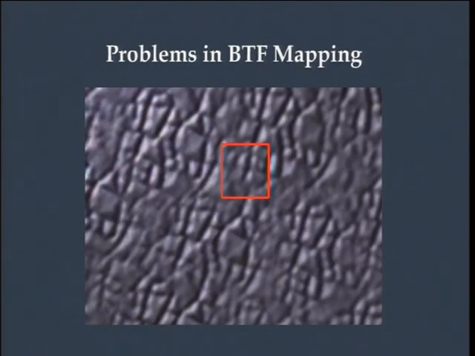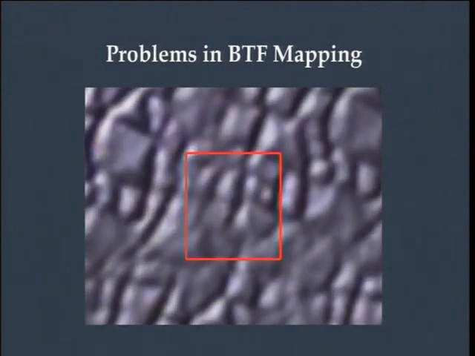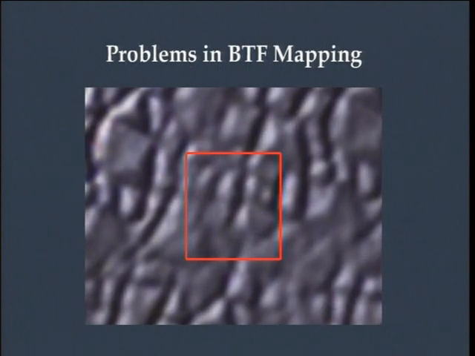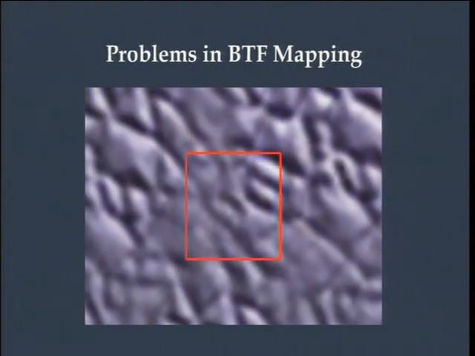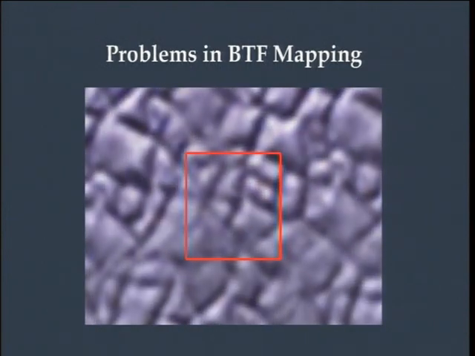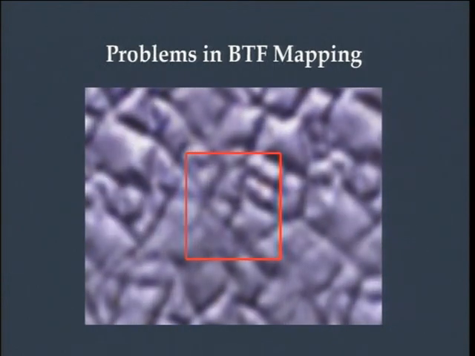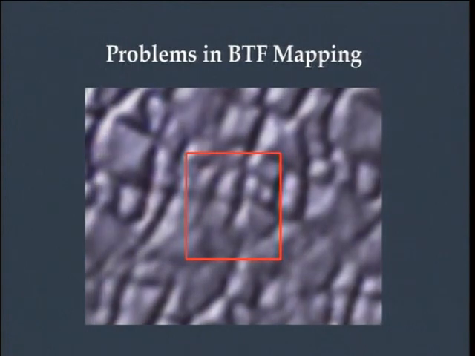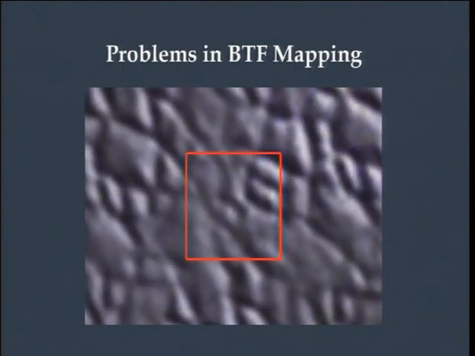A possible way to generate a BTF on the surface is to paste a collection of overlapping BTF patches onto the surface and blend the BTFs in the overlapping regions to hide seams. However, as shown inside the red box, this technique does not work because BTF blending can introduce inconsistent geometry structures on the surface.